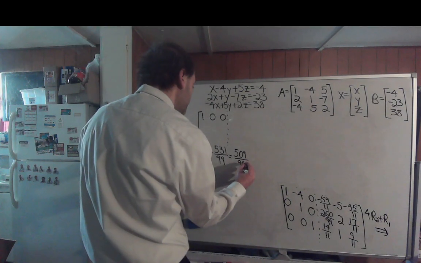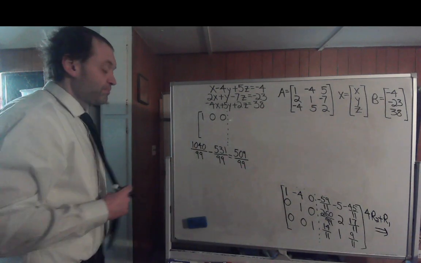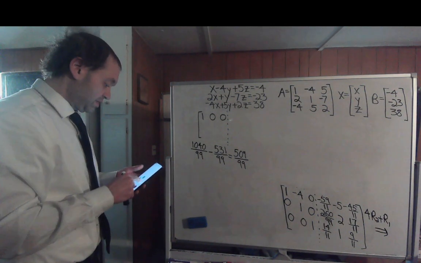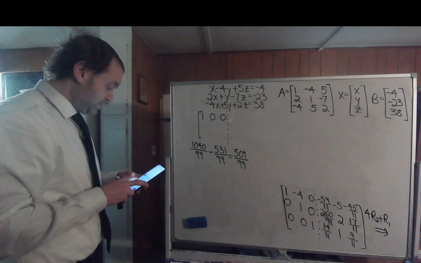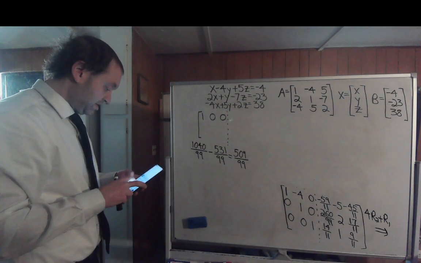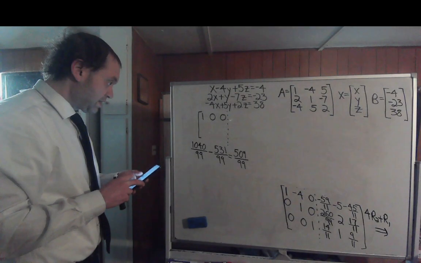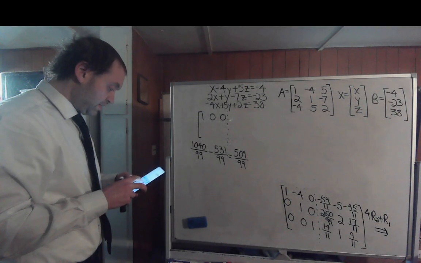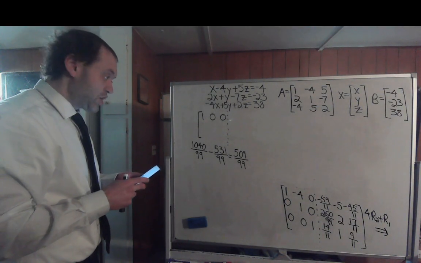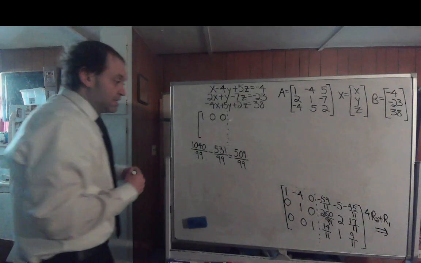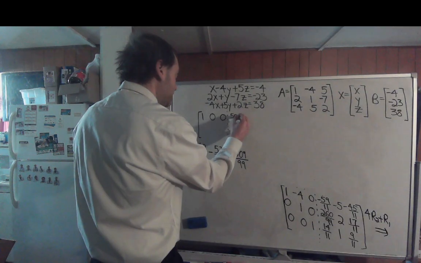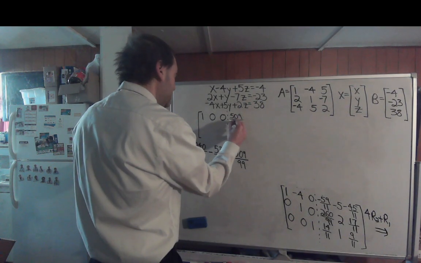Our only saving grace may be if we have any way to reduce this. I don't think we do, but let's see. Nope. So that means the first entry here to the right of the augmented sign would be 509/99.